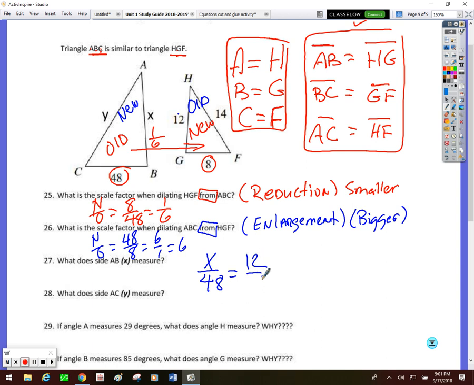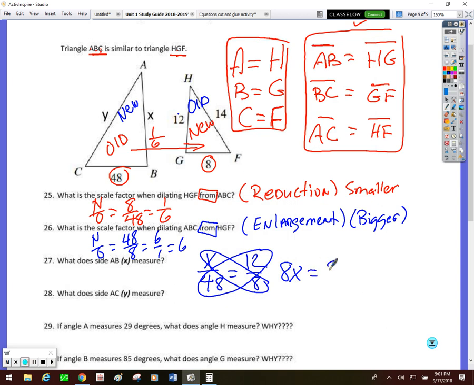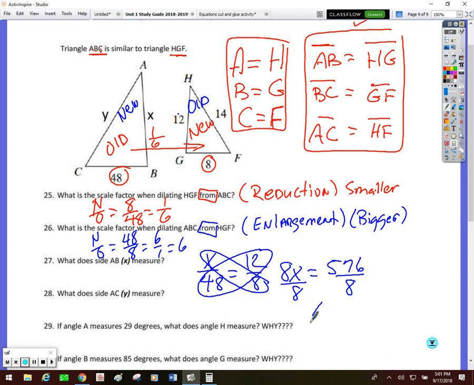If I cross multiply here, I have 8x. If I cross multiply here, 48 times 12, let's see what that is. I think it's 576. 48 times 12, yep, 576, equals 576. And to find the value of x, all I'm going to do is divide both sides by 8. So take that number, divide it by 8, and you get 72. So x is 72.